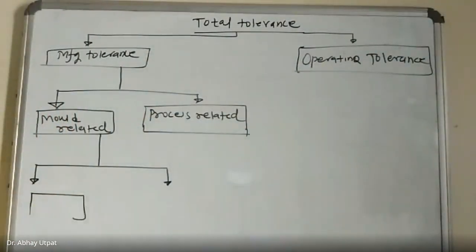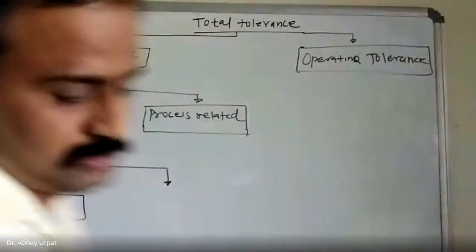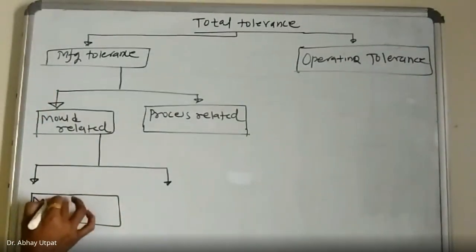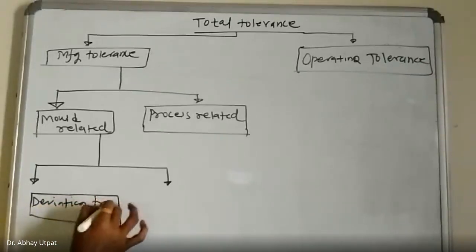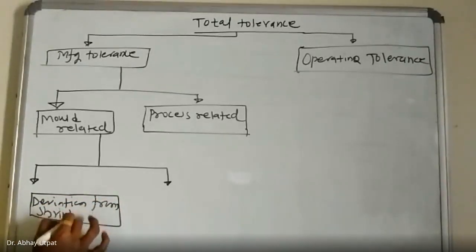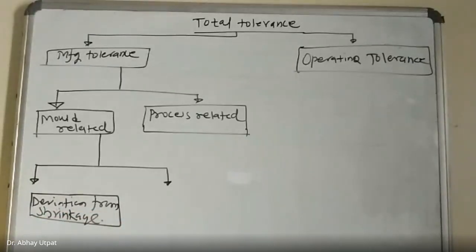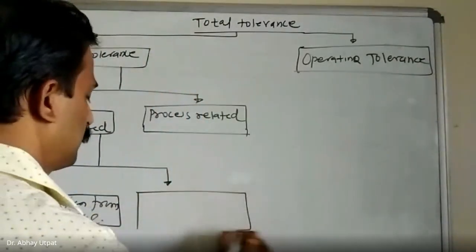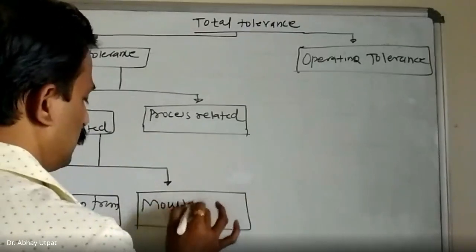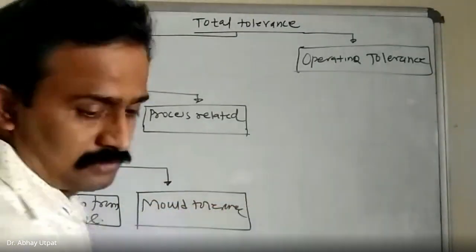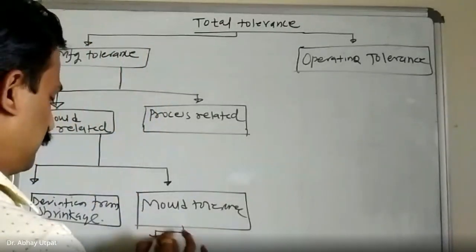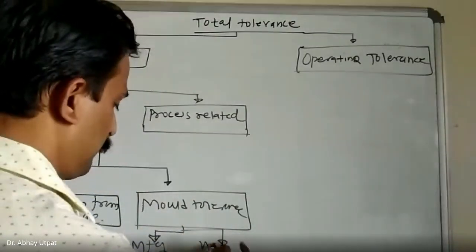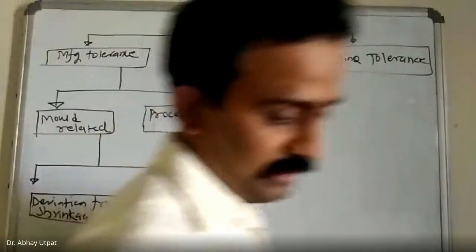Here we write deviation from shrinkage calculation, and then mold tolerance, which includes manufacturing and wear.